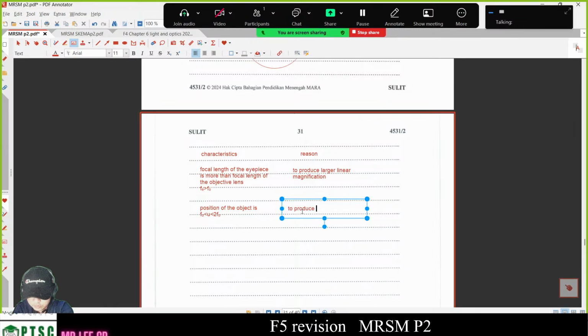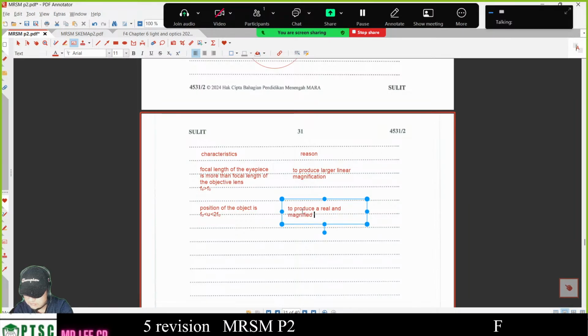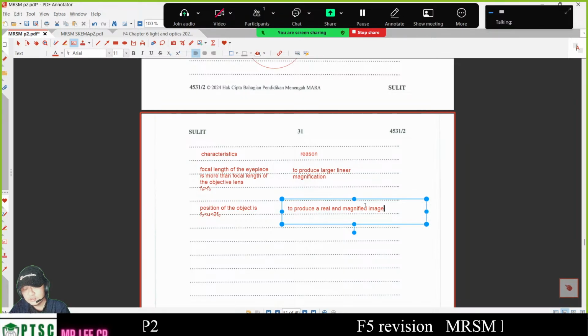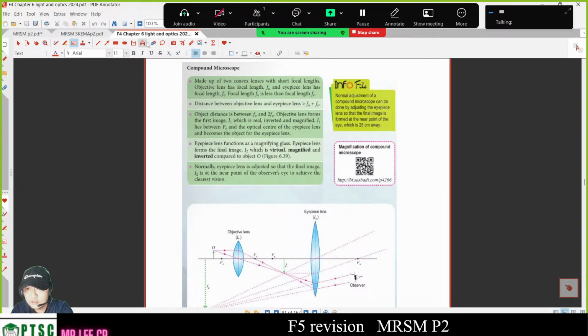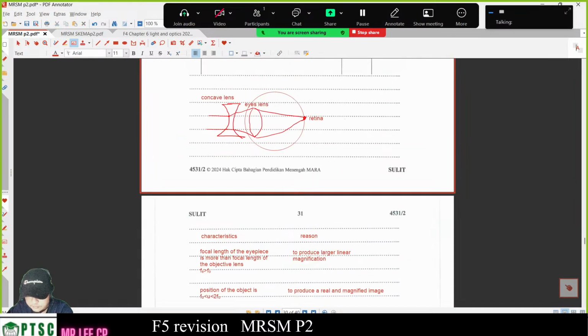To produce a real and magnified image. You can produce a real and magnified image. If you put it the other way, it is smaller. If you put it near, then it will be virtual, so cannot. You must put it in between F and 2F. So the image produced here is real and inverted. Okay?